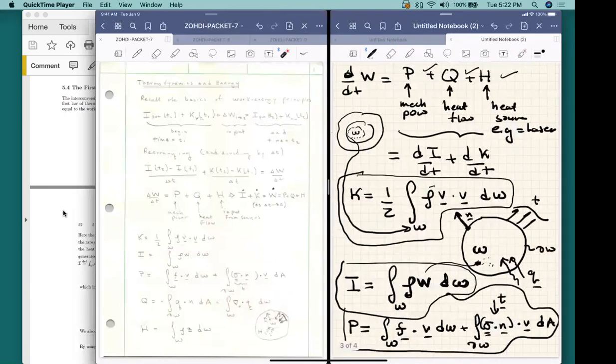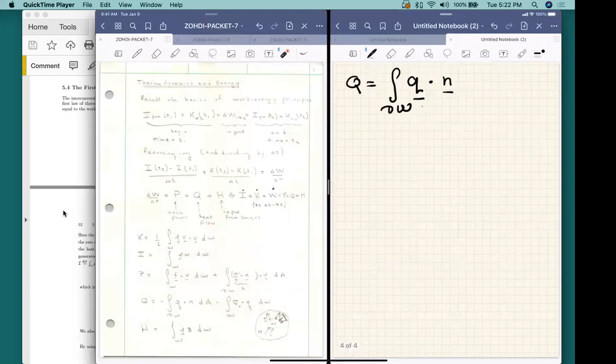So keep in mind, I have my Q and I've got the outward normal here, and I'm going to take the inner product of Q and the outward normal. So I'm going to take N dotted with Q. But since they're pointing in opposite directions, I have to put a minus sign so I can get the flow into the control volume.